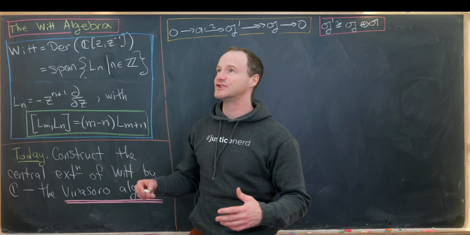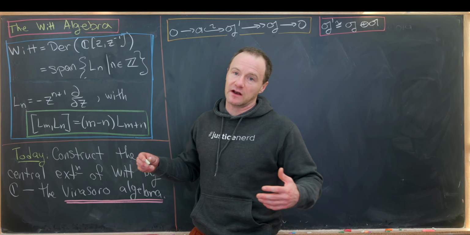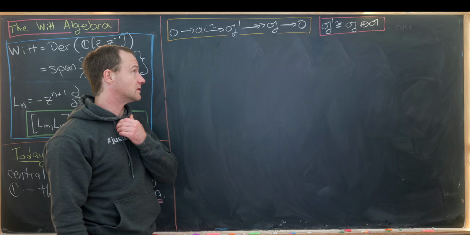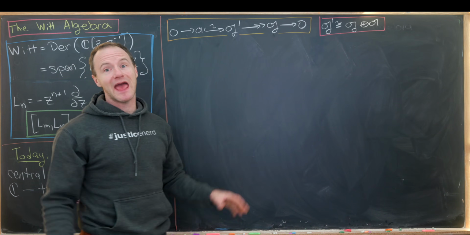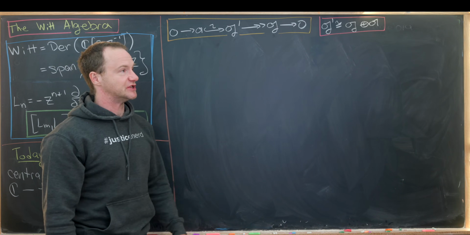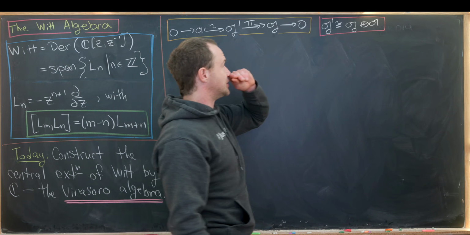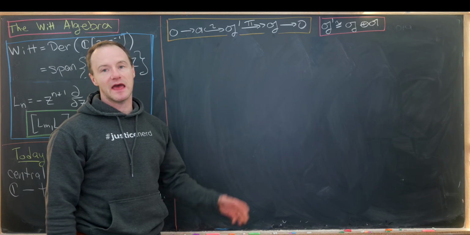In other words, the extension is unique. And since this is the example we'll be playing with, that'll happen for us. But it's most definitely possible that you could centrally extend G by A in a number of different ways to get a Lie algebra G prime. Let's also recall that G prime is linearly isomorphic to G direct sum A.